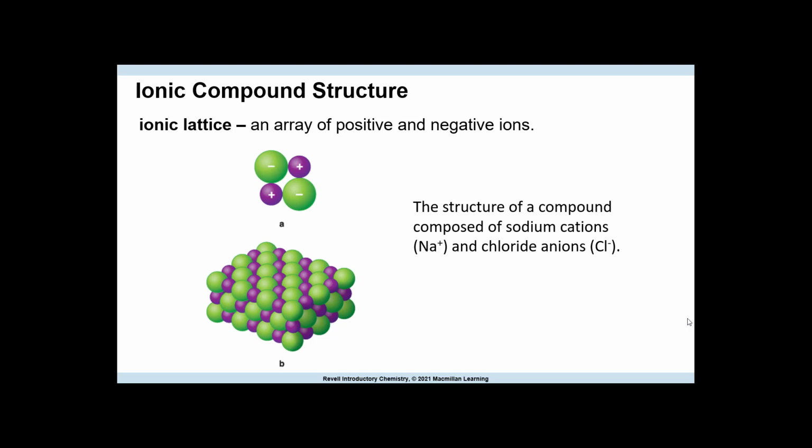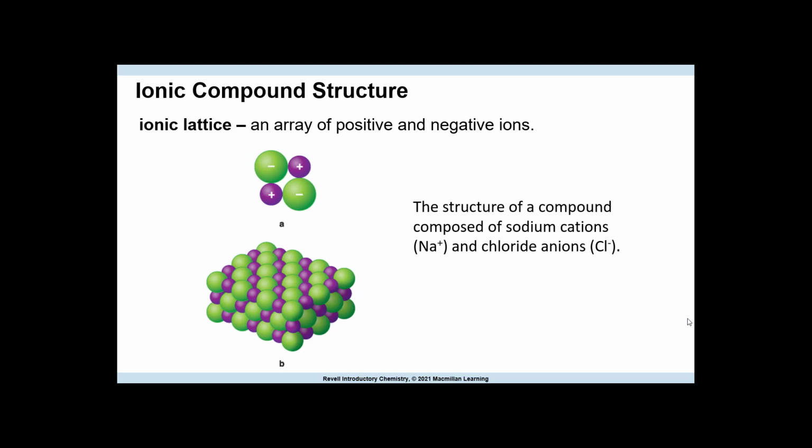And ionic compounds contain many cations and anions that are joined together through ionic bonds. To understand how these ions fit together, look at the structure of the compound composed of sodium cations and chloride anions. A single sodium ion and a single chloride ion will come together. But what if you have more of them?